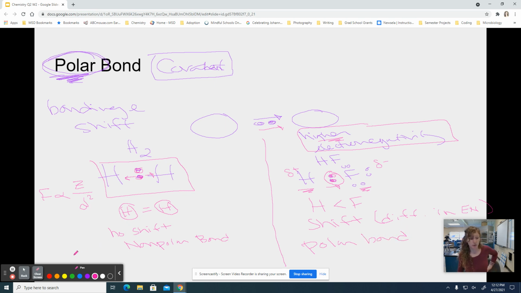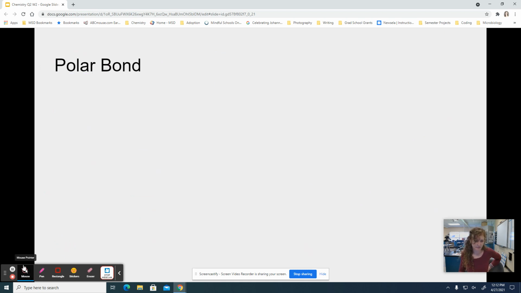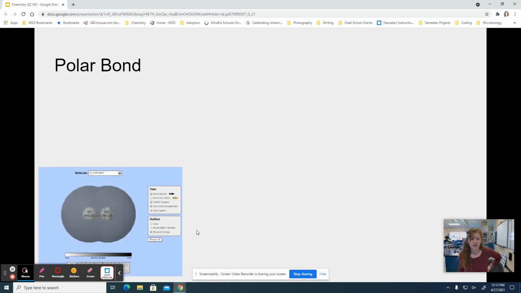Okay, I want to show you a couple of these. Here's exactly what we were talking about. Notice we have two hydrogen atoms, hydrogen atom 1 and hydrogen atom 2. You can see the electronegativity of these hydrogen atoms at the bottom of the screen. And this dark gray cloud is where the electrons spend their time.